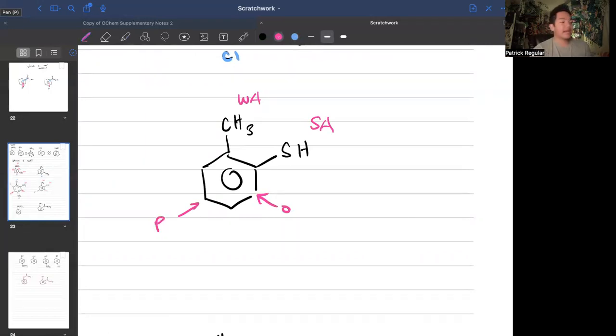You're welcome to just leave it at that. This weak activator would want ortho and para. Same thing with this ortho over here, but there's already something there. Don't worry. So out of these two, which one will we go with? Well, whichever one's stronger, the stronger activator is going to be SH. So these two spots are going to be pushed.